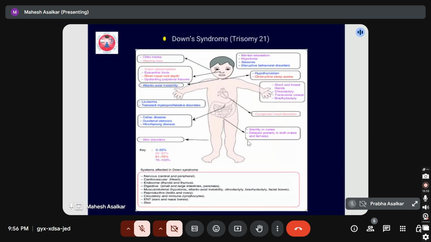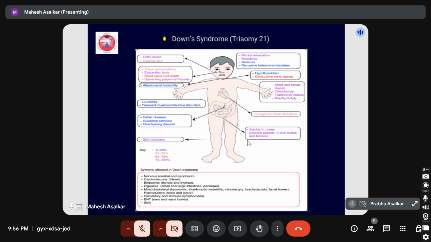Again, this figure shows the Down syndrome features. Okay, and different colors are used here. In blue color, almost up to 25% of cases these features will be present. Then red is shown in 51 to 75% of cases. Then in 76 to 100% of cases, these purple features will be present.